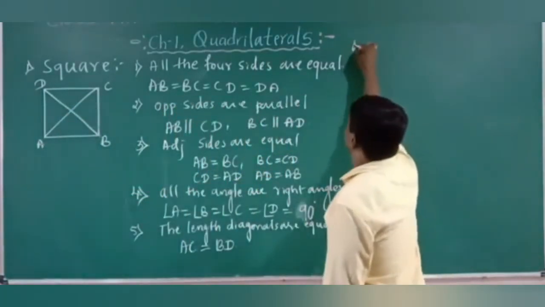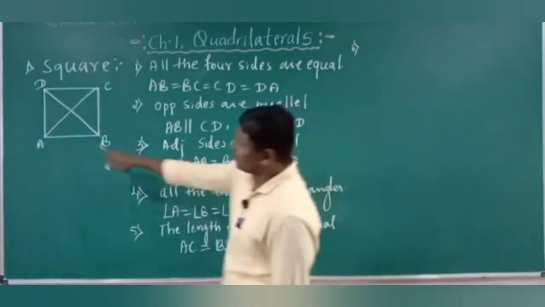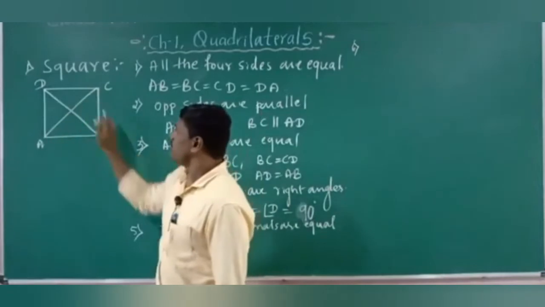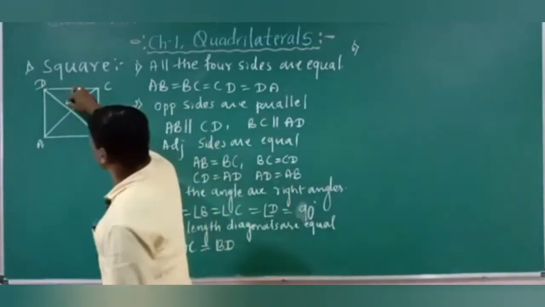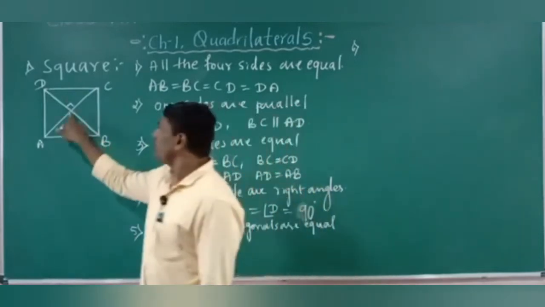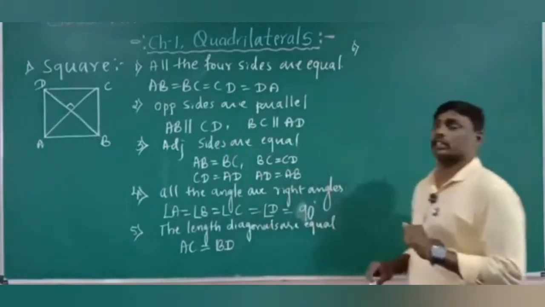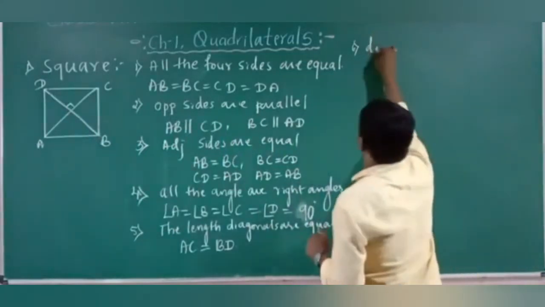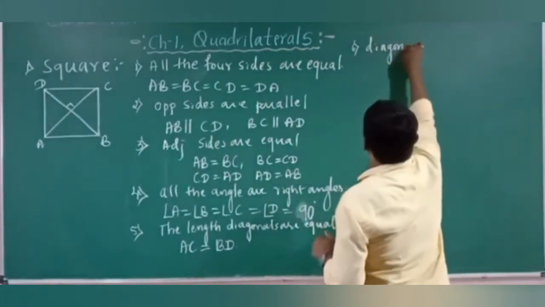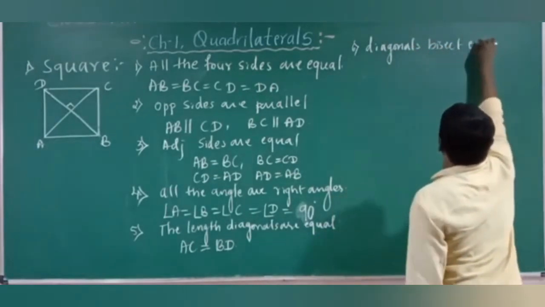Next, sixth property. Here two diagonals are there, AC and BD. These two diagonals intersect at one particular point and the two diagonals bisect each other.